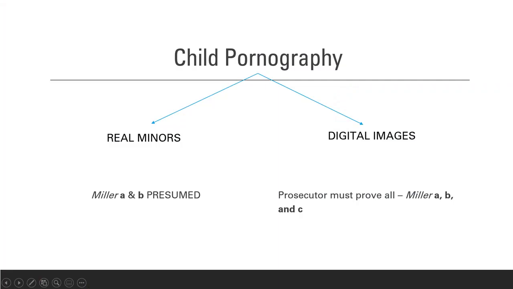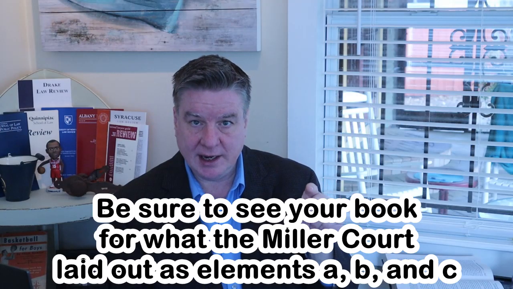As to child pornography, number one, if real children are used in sexually explicit depictions, in a case called Ferber, that is in your book on page 915, the court says if real children or real minors are used in the production of that kind of sexually explicit pornographic material, then A and B under Miller are presumed, and the prosecutor does not have to show that.